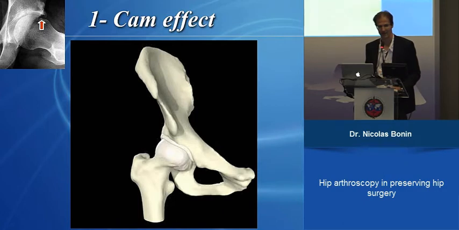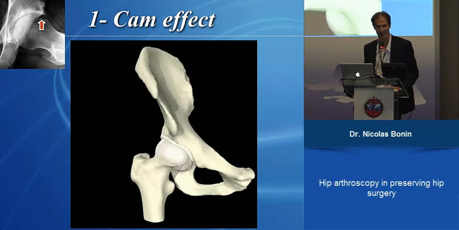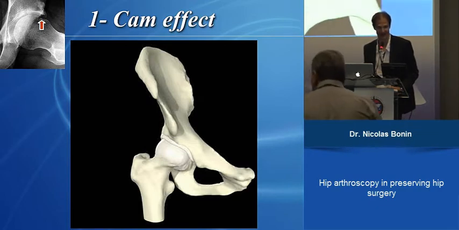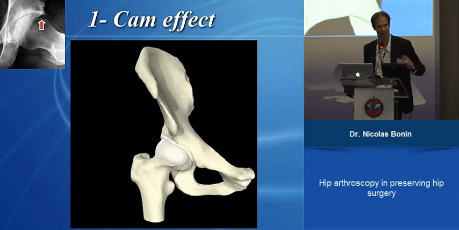This increased pressure will move on the labrum and will make some chondral damage at the anterior superior rim of the acetabulum. So here is the kind of lesion we can see at the end of the repetitive trauma in hip flexion.